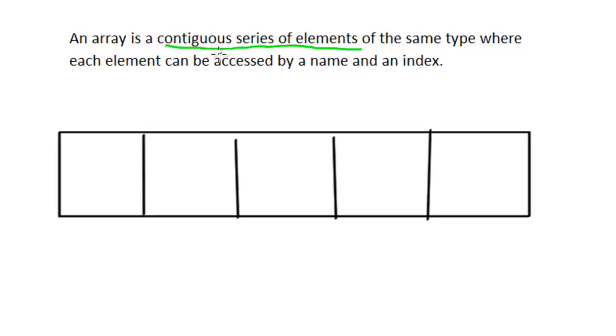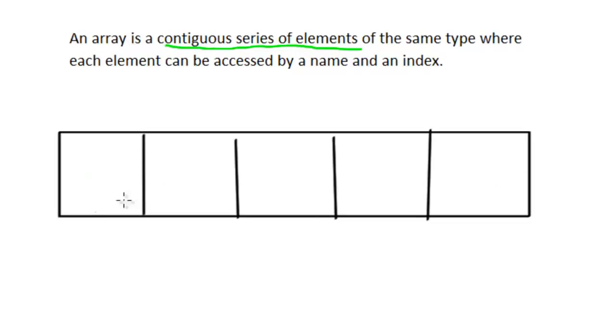And we notice that we have this word contiguous here. Contiguous simply means that these elements, these little cells that we have, are adjacent to one another. Behind the scenes, each one of these elements is occupying an adjacent location in memory. So whatever we have here would be adjacent to this memory location here, and the same case here, and so on down the line.